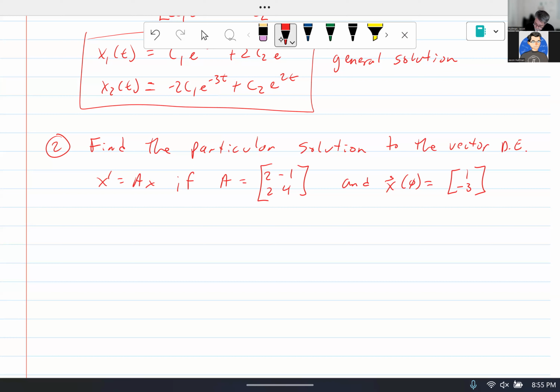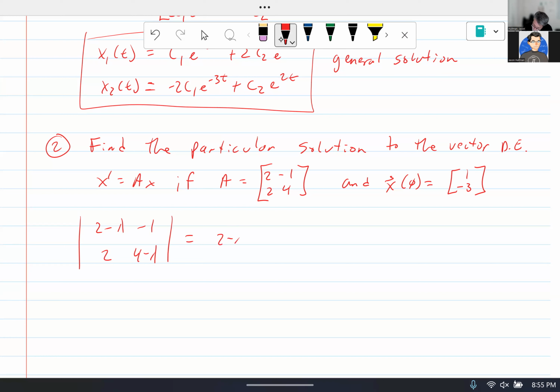So let's find our eigenvalues. We're going to go 2 minus lambda, negative 1, 2, and then 4 minus lambda. Find that determinant, set it equal to 0.